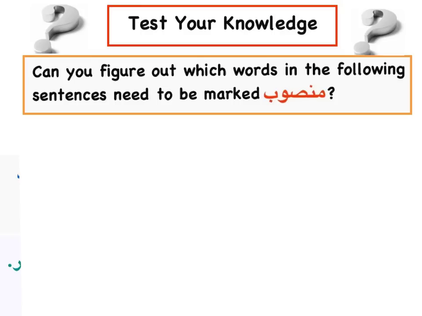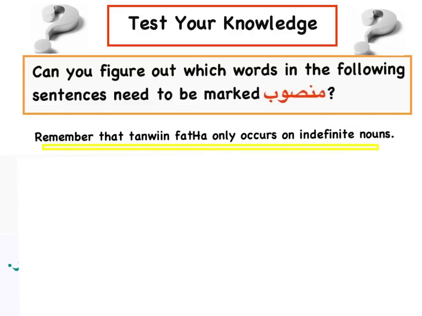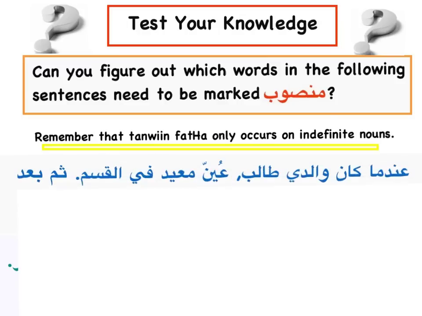Okay, let's test what you just saw. Can you figure out which words in the following sentences need to be marked in a منصوب? Remember that تنوين فتحة only occurs on indefinite nouns.